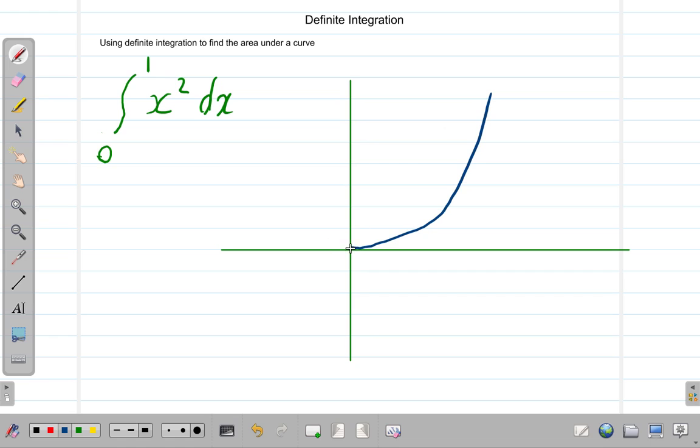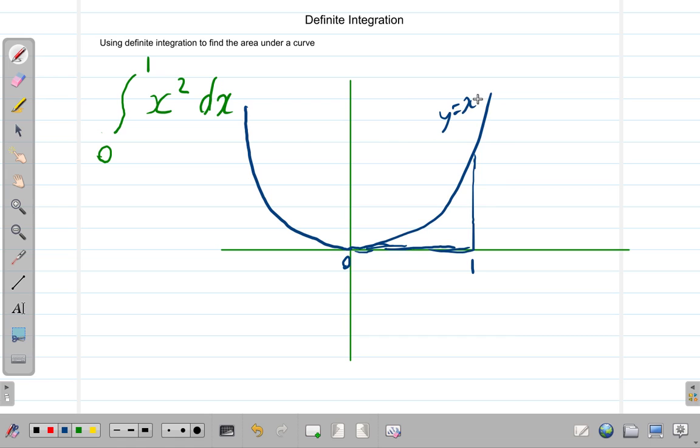It looks somewhat like this. If you are going to integrate from 0 to 1, and let's say 1 is here, it means you have this area bounded by 0, 1, the curve, and the x-axis.